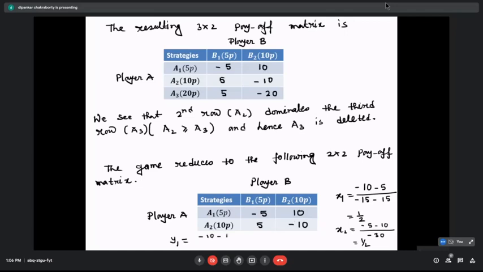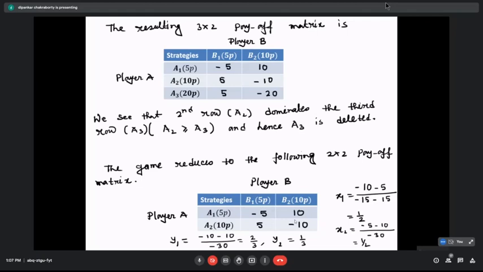Minus 10, minus 10, 2 by 3, and y2 you can also find out by 1 minus y1, that is 1 by 3. And v, the value of the game, we are going to write down each and everything in the next slide as well. Just I'm doing it here. So v, value of the game, numerator is what? Product of the principal diagonal, that is 50, right? Minus product of the other diagonal, that is 50 again. So 50 minus 50, that is 0.